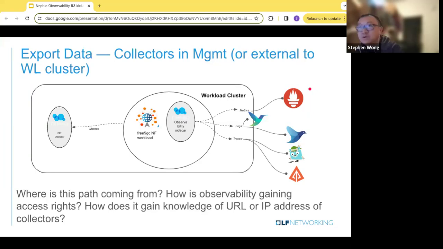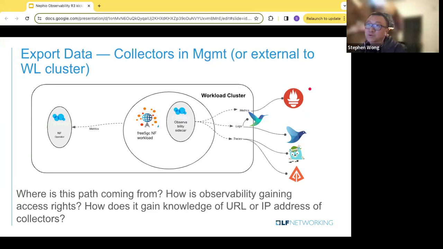That would be the server that sits on management clusters, serving the workload clusters, because in that case your management cluster creates the OTel best practice. So you create an OTel receiver that sits on the management cluster, and there's a receiver on the workload clusters that would export data to that management cluster receiver.